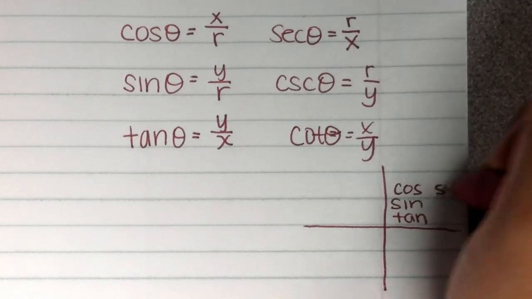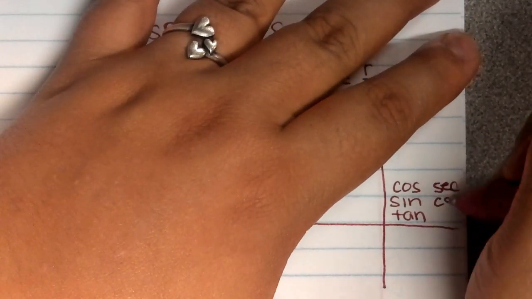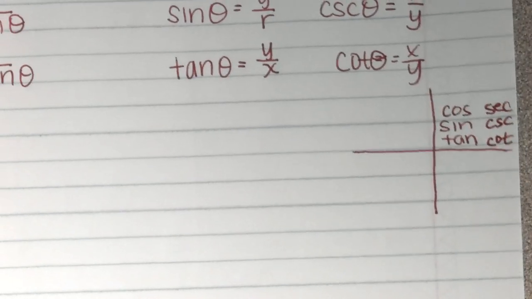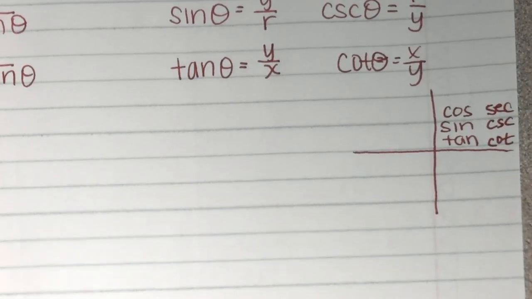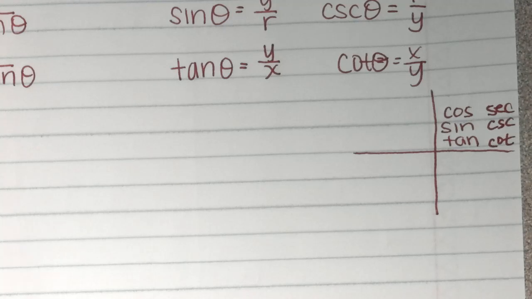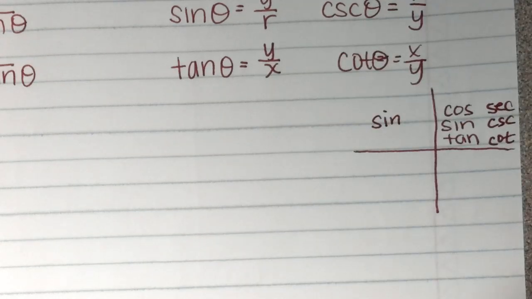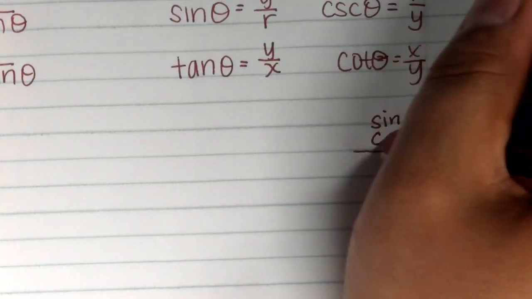So secant, cosecant, and cotangent are also positive in the first quadrant. What about my second quadrant? Think of a graph. What's positive in the second quadrant? The y's. What represents my y? So sine is positive in the second quadrant. And if sine is positive in the second quadrant, so is cosecant.